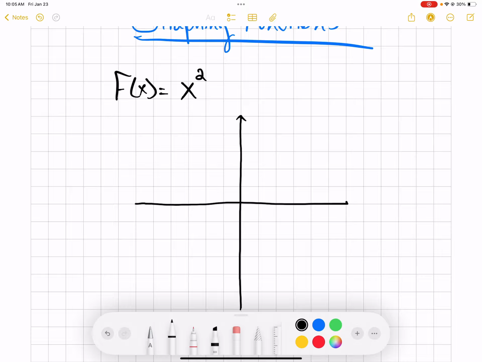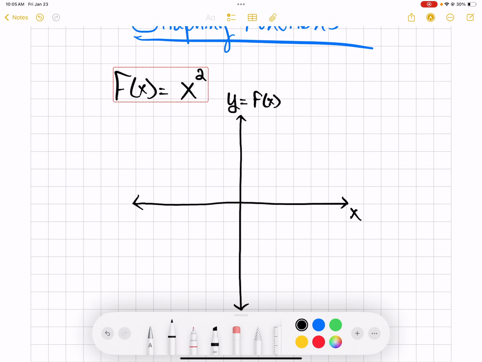The horizontal axis is going to be our x-axis, and then the vertical axis is going to be our y-axis. And y is equal to f of x.